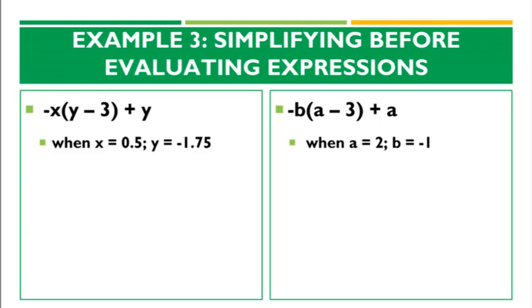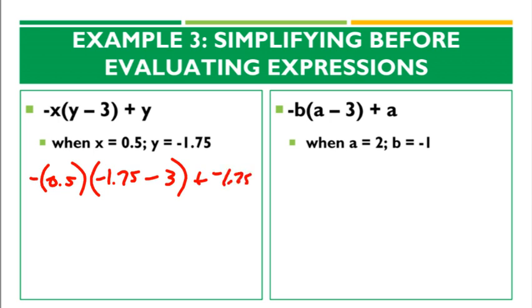Next problem, plug in x is 0.5, so I have a -0.5 times parentheses y is a -1.75 minus 3 plus my y, which is a -1.75. Before you do the -0.5, let's do -1.75 minus 3, which gives us a -4.75.